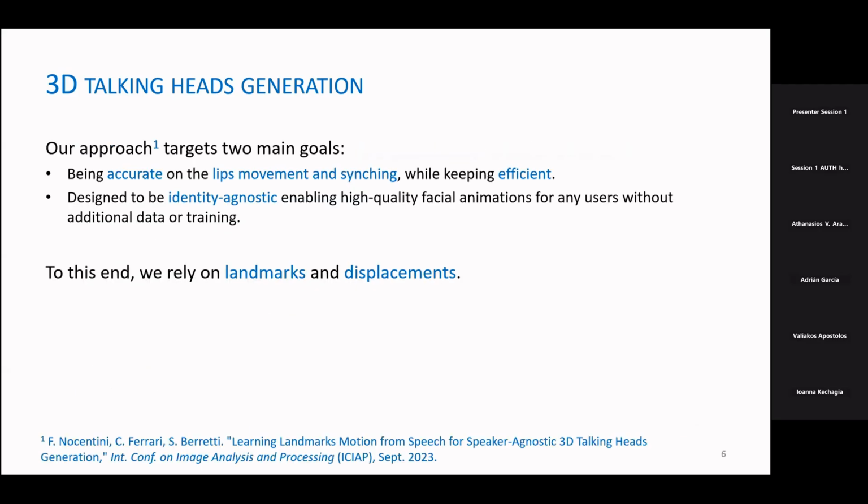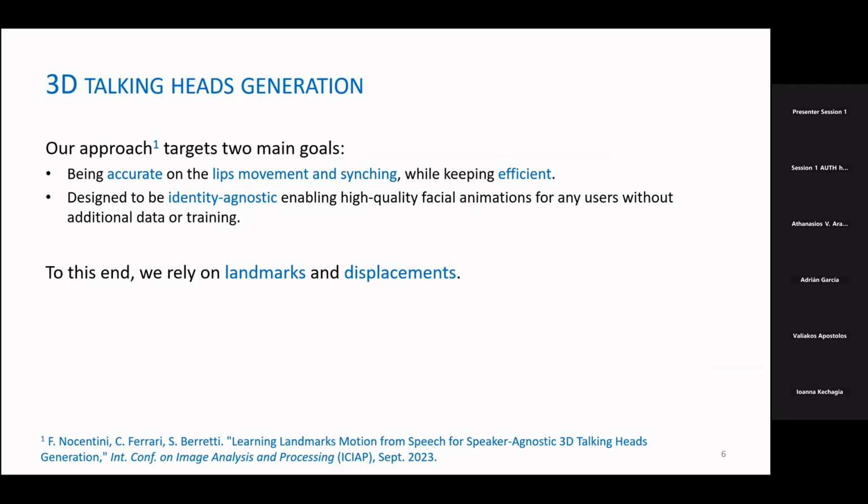Okay, so our approach is based on two ideas. The first one is that of animating just the landmarks of the face. If we can animate landmarks that are specific points around, for example, the mouth, we can animate in a more precise way the movement of the lips.